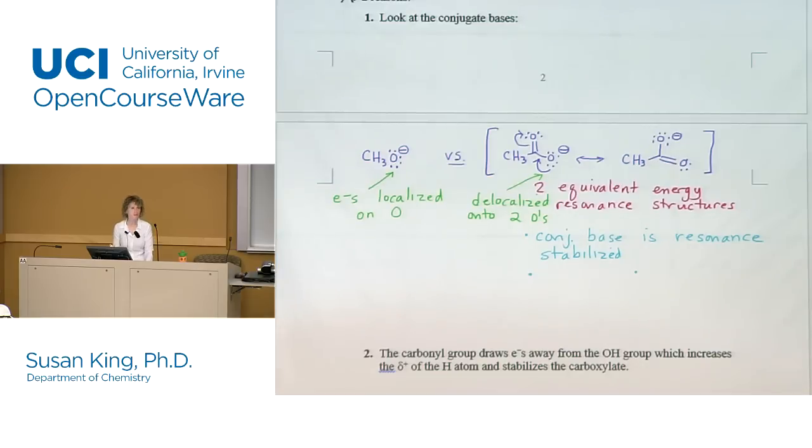And since the conjugate base is resonance stabilized, that means it's going to be more stable. So we have a more stable conjugate base. If we have a more stable conjugate base, what does that mean about the conjugate acid for that? It's going to be more acidic, right? So the acid's more acidic.